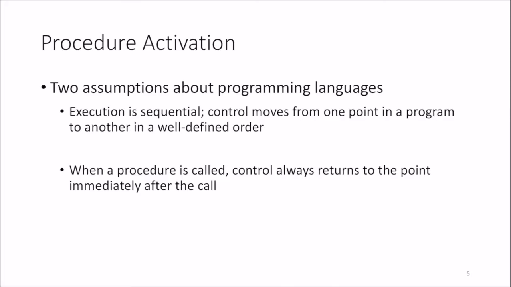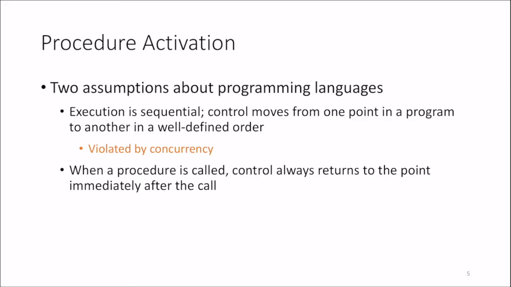And the second assumption is that when a procedure is called and you finish executing the procedure, the control will return to the point immediately after the point where you called that function or procedure. These are the two assumptions we make when we are doing code generation and memory organization, but they're violated.